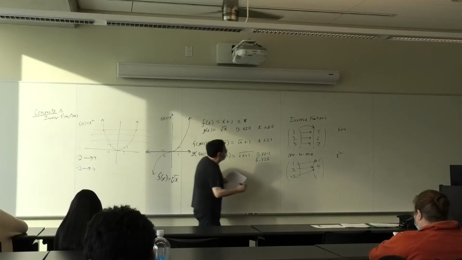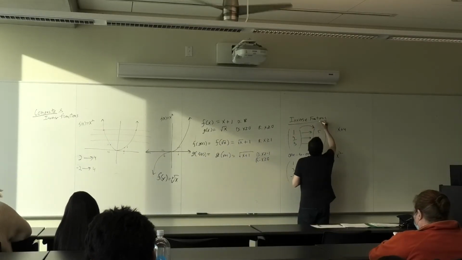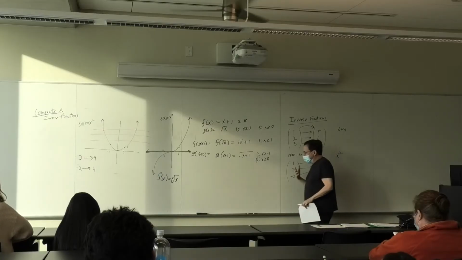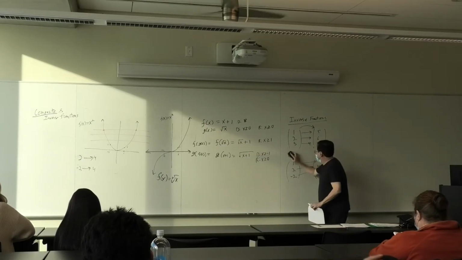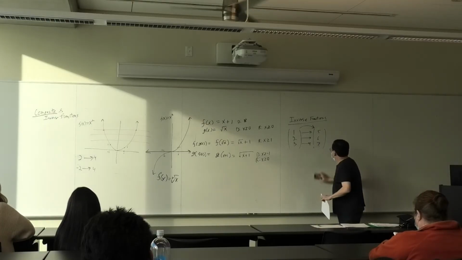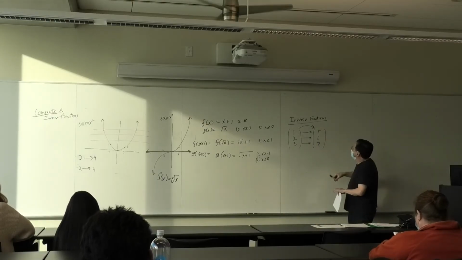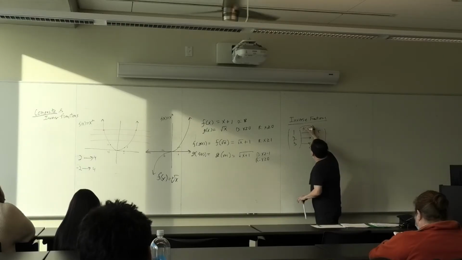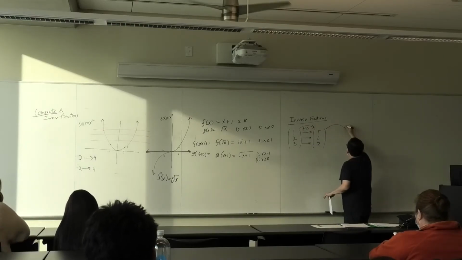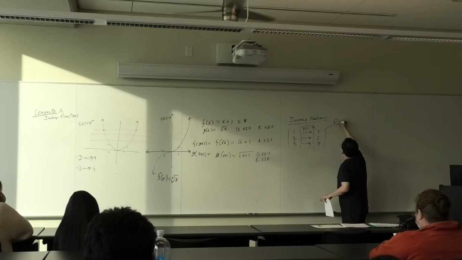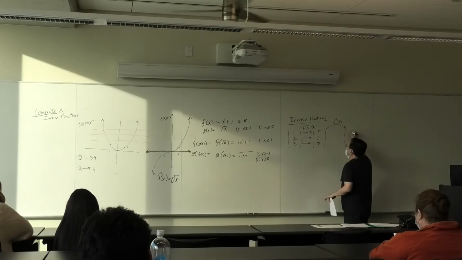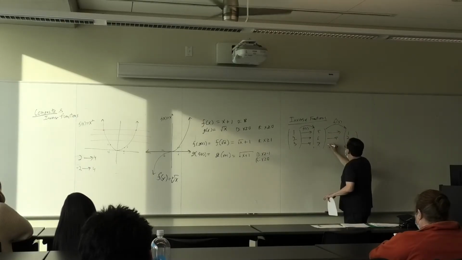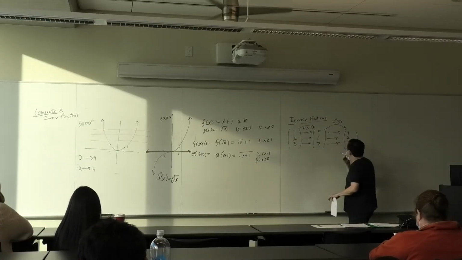And that's what we call an inverse function. It's a function that takes the range of one function and takes the numbers back to where they came from. So 5 goes to 1, 6 goes to 2, and 7 goes to 3.